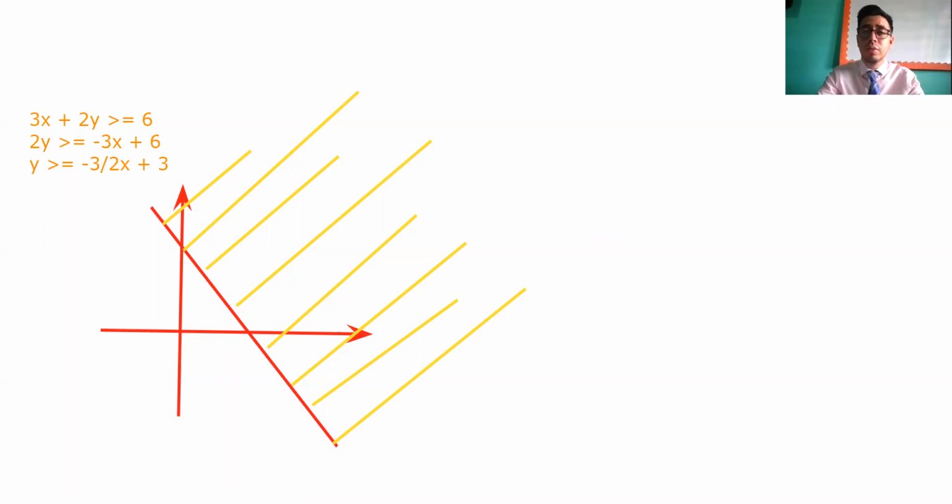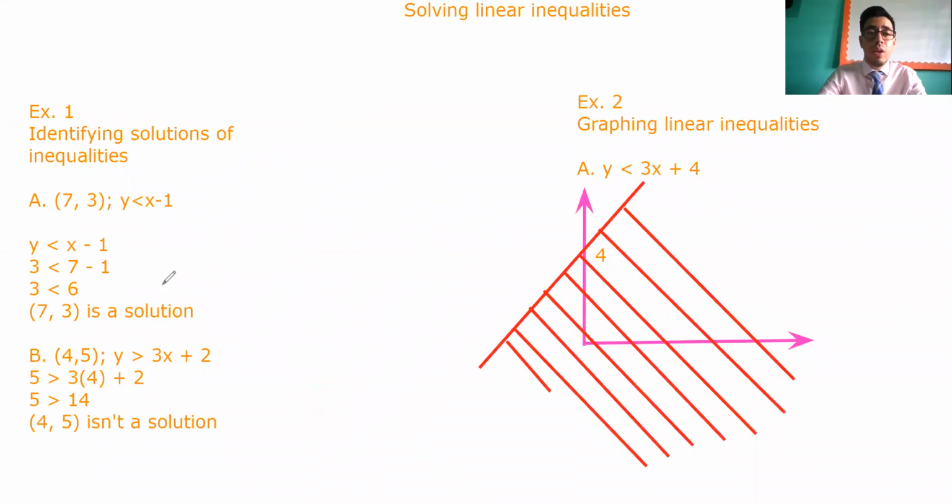And so, again, with this part, for example, in the first one, we only identify if this is a solution. So we try with the values they give you. We replace the values of x and y to prove this is a solution, because you need to prove the condition they give you.